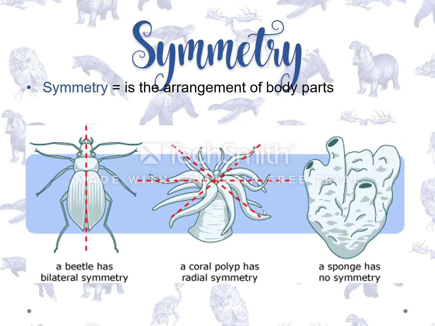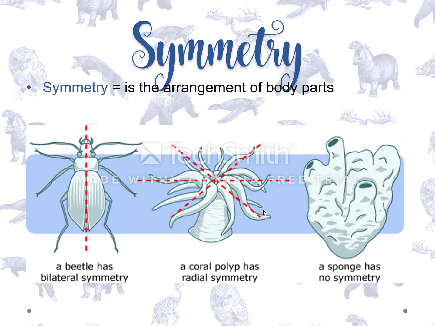And then the last type of symmetry is asymmetrical. It means there is no symmetry. Doesn't matter how you try. If you find a midline and you try to find a mirror image, you're not going to find one. It does not have any similarities on one side or one axis as the other.